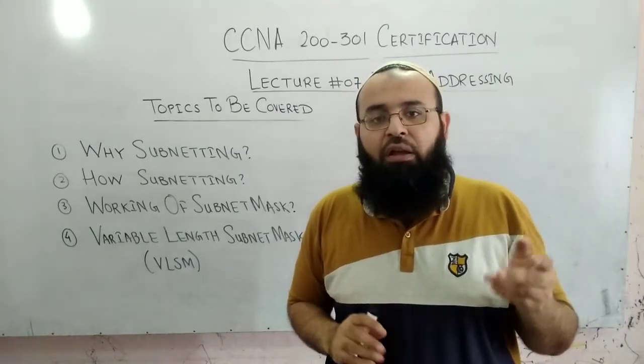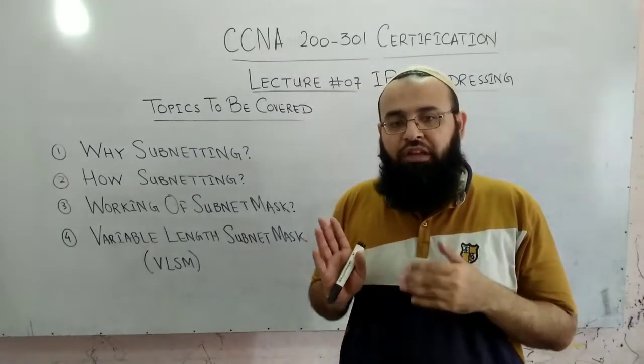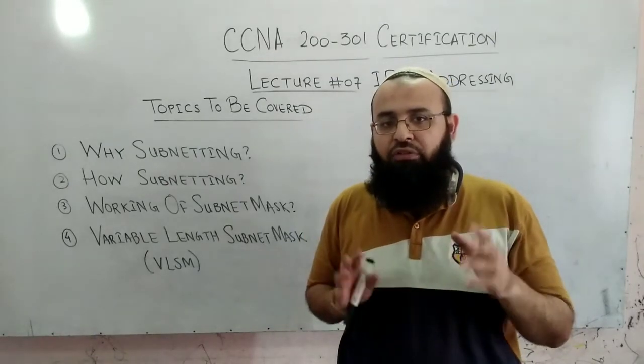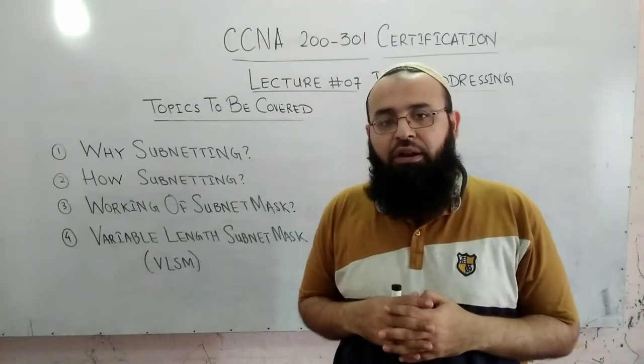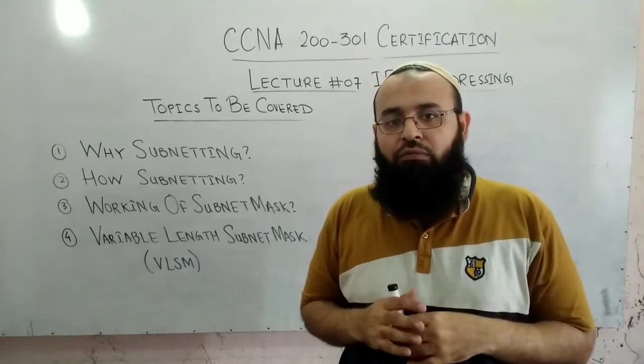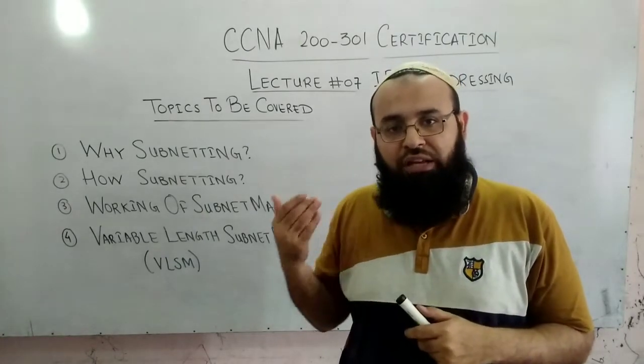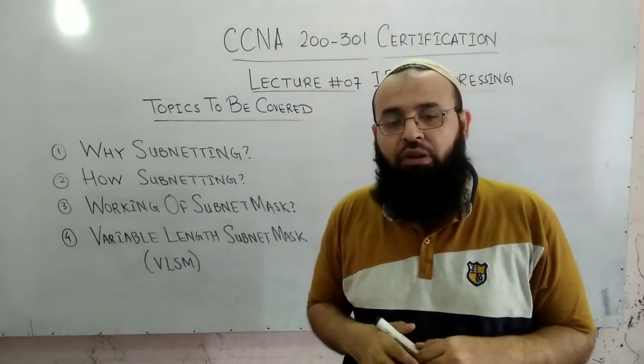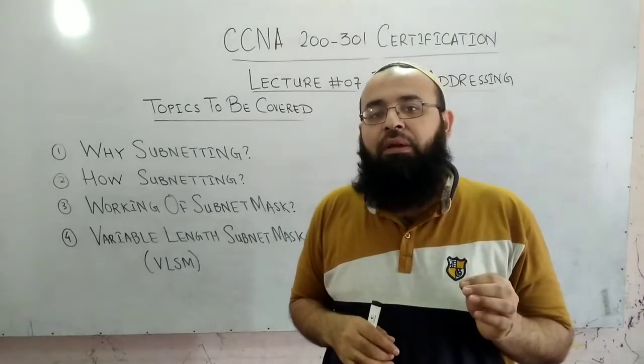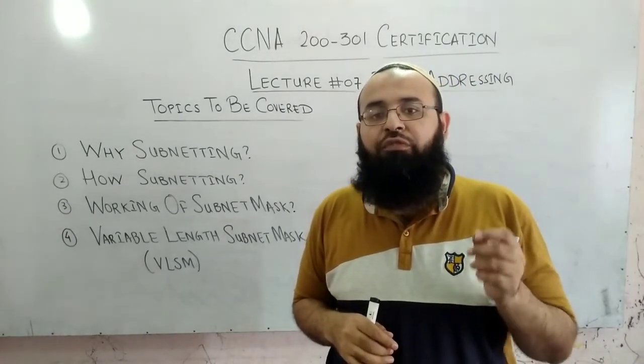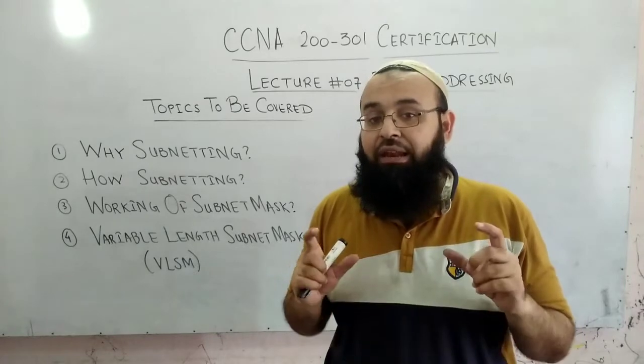These are subtracted, as you can see from my lecture number 6, where these concepts were presented. So if you haven't watched lecture number 6, then kindly watch it before this lecture number 7. So in case of class C IP address, you will be having 254 hosts in a single network.